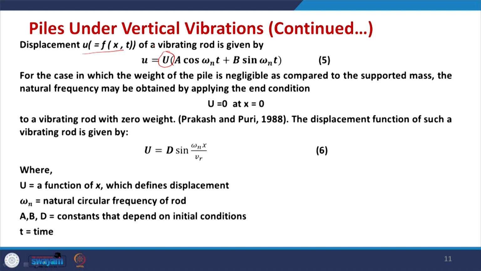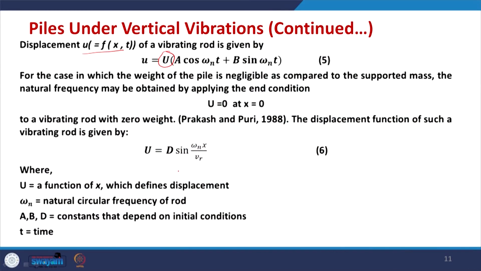With this condition, it is assumed that along the depth of the pile the displacement amplitude varies with a sine function of omega n x divided by V r. Omega n has been already defined, and d is again some constant which represents an amplitude, not dimensionless.